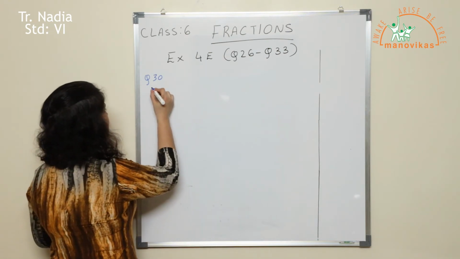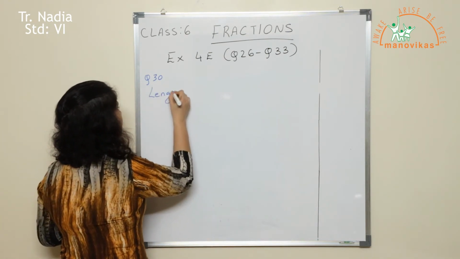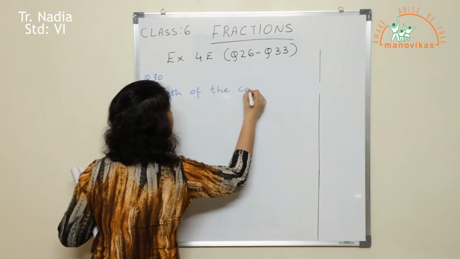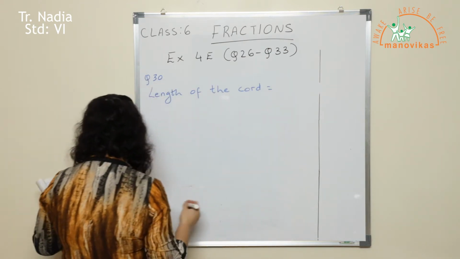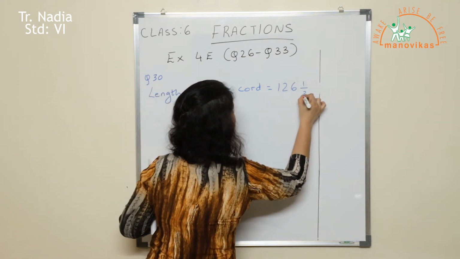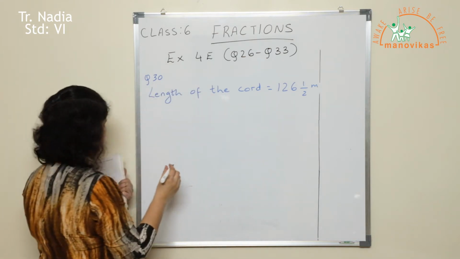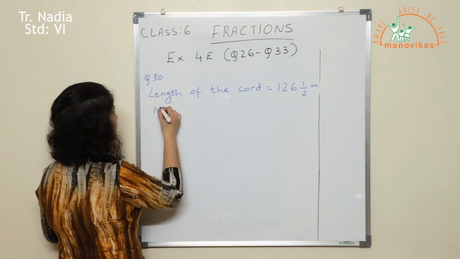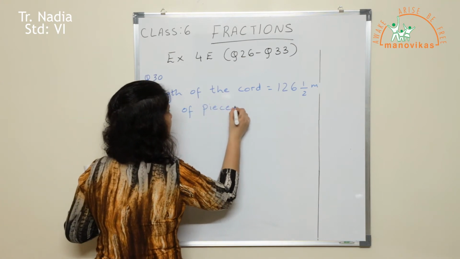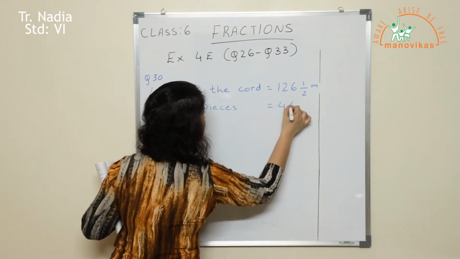Let us write what is given. Length of the cord, which is equal to 126.5 meter. Now here we know the number of pieces, that is 46.